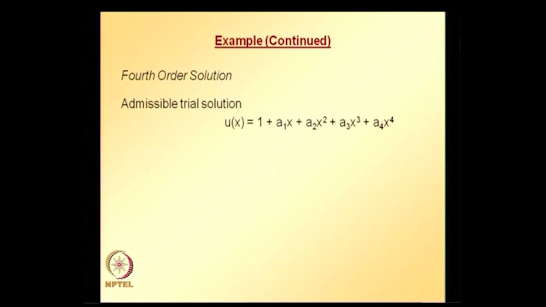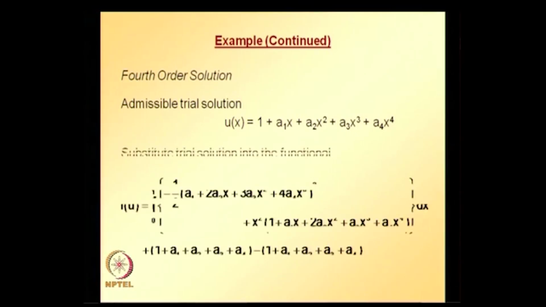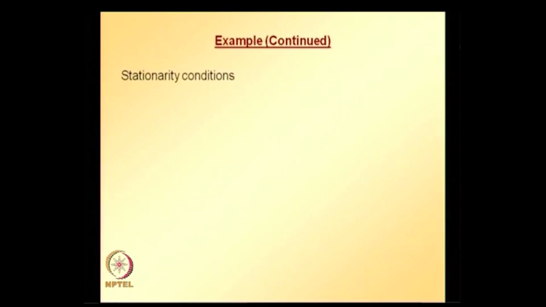So here you need to determine 4 unknown coefficients a1, a2, a3, a4. You substitute this into the equivalent functional, and the equivalent functional becomes a function of 4 unknown coefficients. You can easily guess the next step: apply the stationarity conditions.